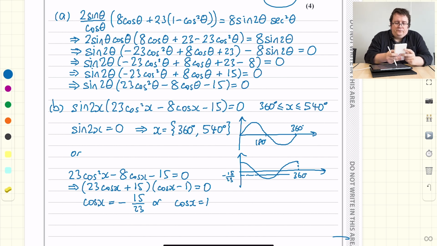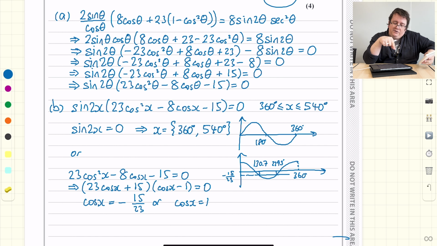So if we solve and do arc cosine of minus 15 over 23, we get 130.7. And the other solution is 360 take away that, which is 229.3. Okay, now both of those are outside the range.